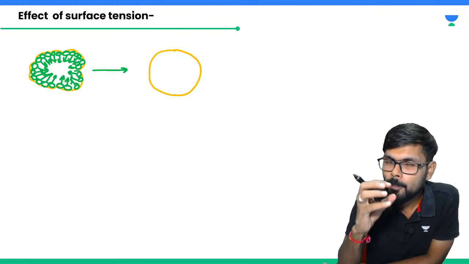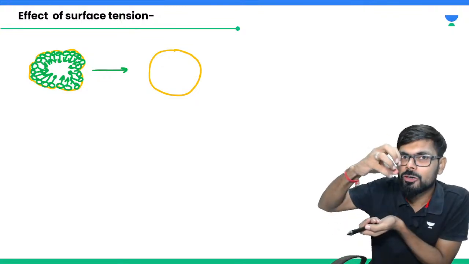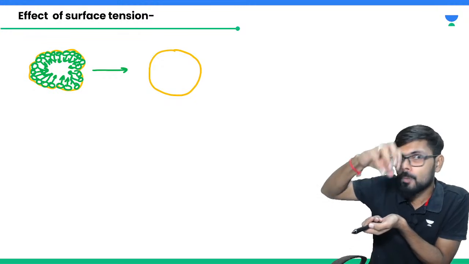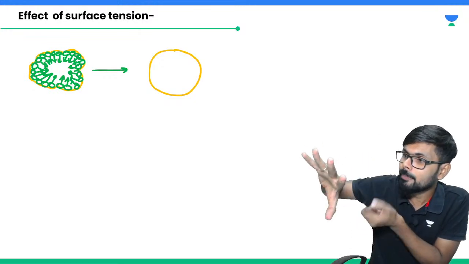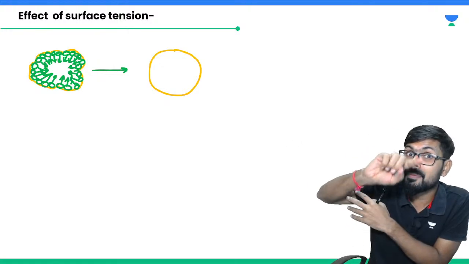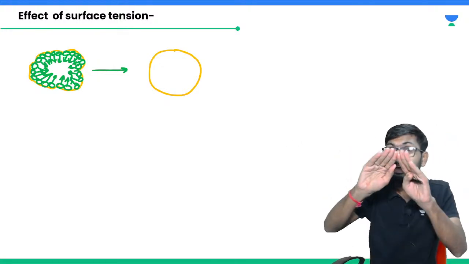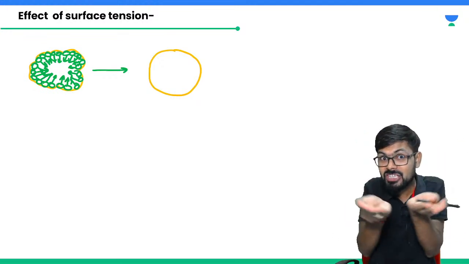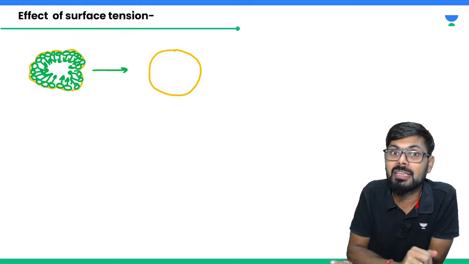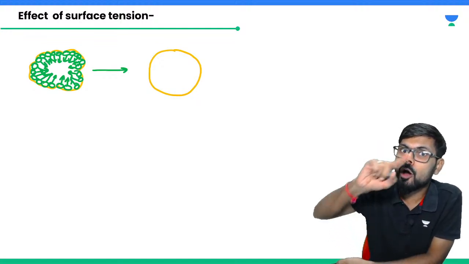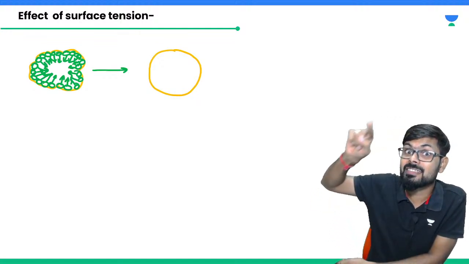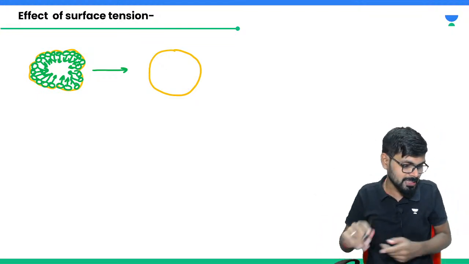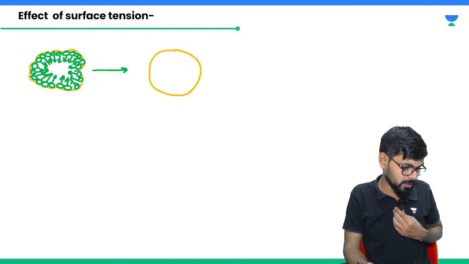So if you have some liquid droplet, it will look like a droplet for other people, but for you it will be a balloon. In a balloon, if you see, the surface is stretched, here also the same thing is there. In case of a liquid droplet, the surface is stretched, there is a tension in the surface. You are getting my point? There is a surface tension.